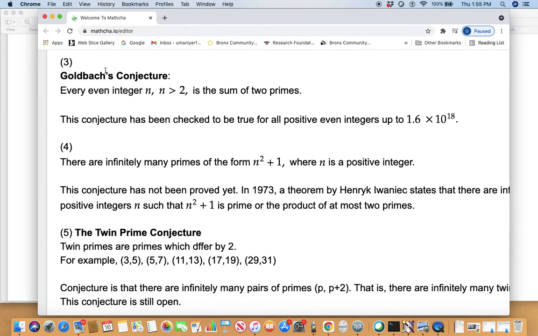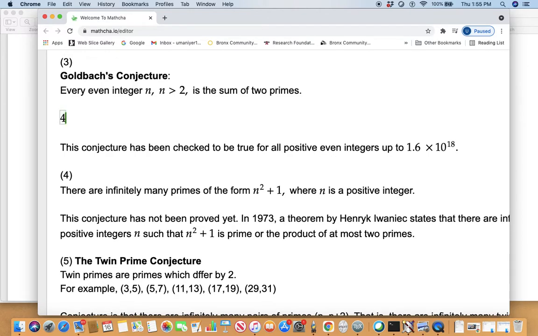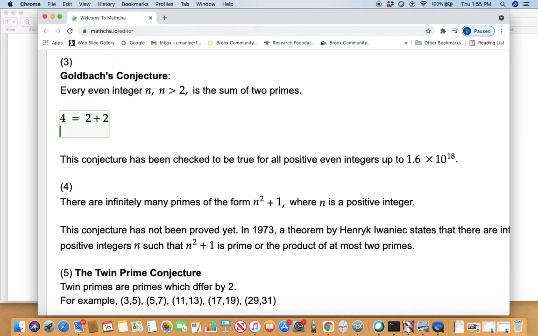Here is yet another conjecture, Goldbach's conjecture. It's very beautiful again. What does it say? Every even integer n greater than 2 is the sum of two primes. For example, let's take 4. 4 is an even integer. Is it a sum of two primes? Yes, 2 plus 2. What about 6? That's an even integer greater than 2. Is it a sum of two primes?